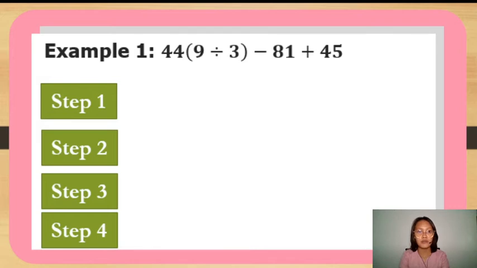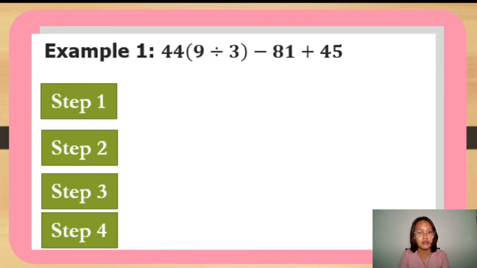Si parentheses po ay considered as multiplication kapag walang operation in between the number and parentheses. Pero kapag meron naman, kung ano yung operation in between, yun ang ating susundin. But in this case, wala. So, multiplication po ang magiging operation.